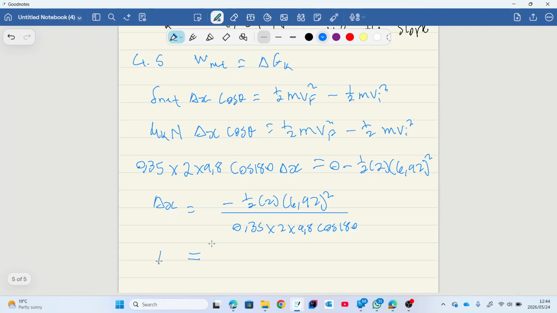So I got my delta x as 6.98 meters. Okay, I'm still calculating, okay.